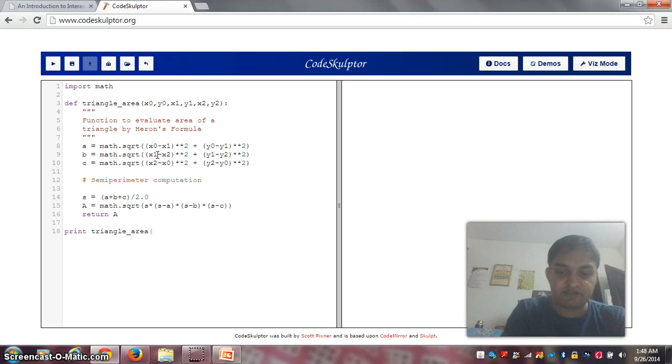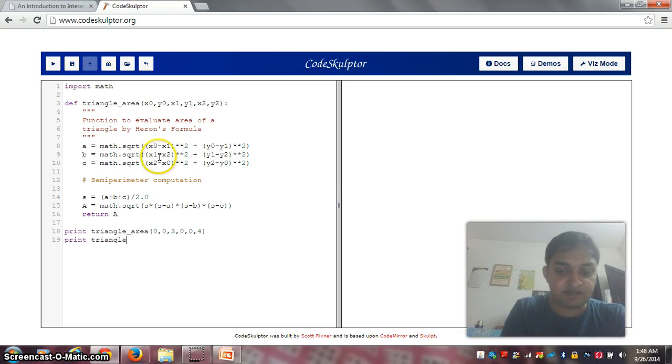Let's say I give three coordinates: 0, 0 the origin, 3, 0 a point on the x-axis, and a point on the y-axis. So it is a right triangle. We'll see what it will compute to.